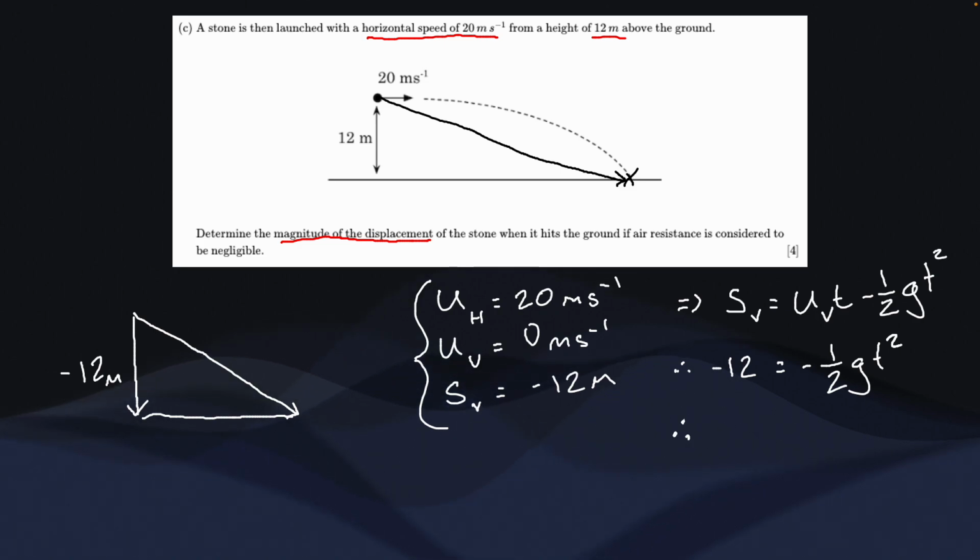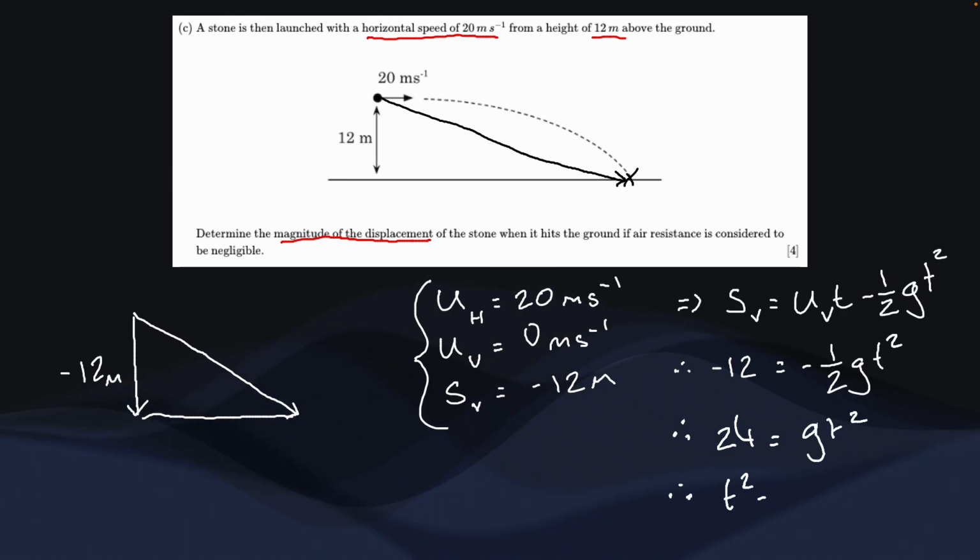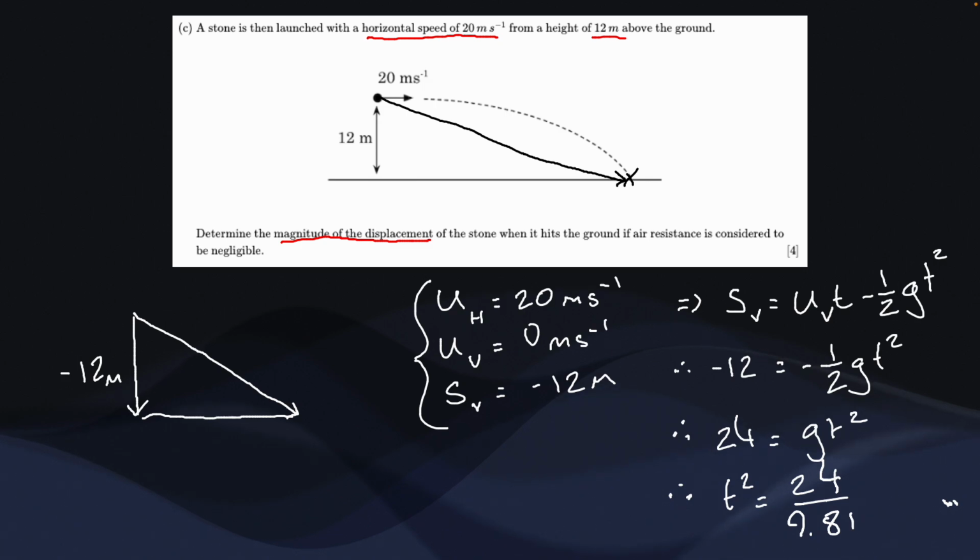So 24 is equal to GT squared, and therefore T squared is equal to 24 divided by G. And remember, G is 9.81. So 24 divided by 9.81.